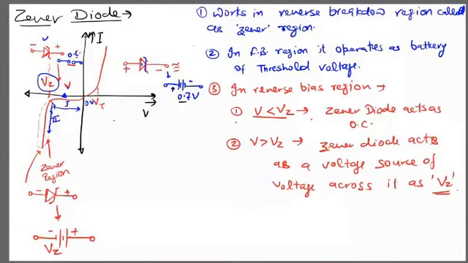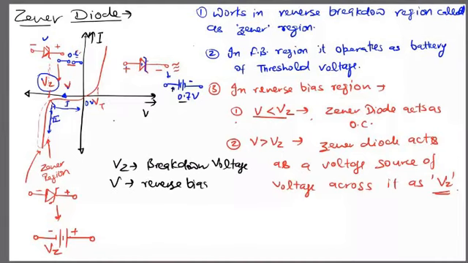In the second case, whenever the applied reverse bias voltage V is greater than Vz, the Zener diode simply acts as a voltage source, with the voltage across its terminals equal to Vz.